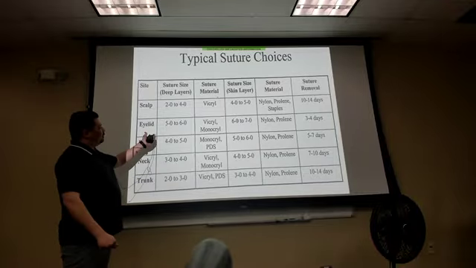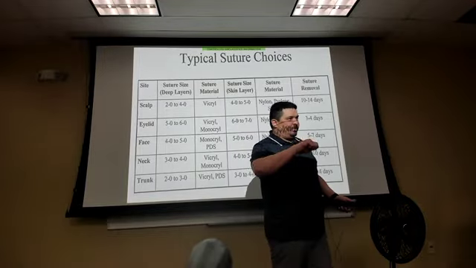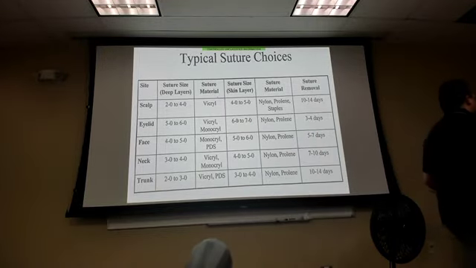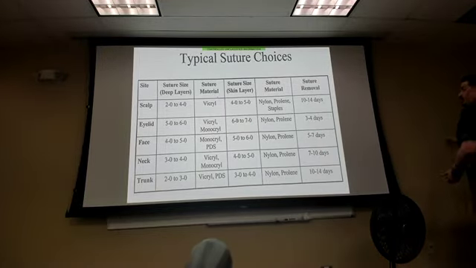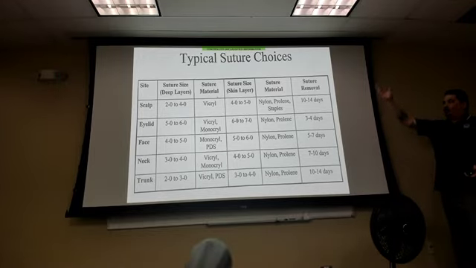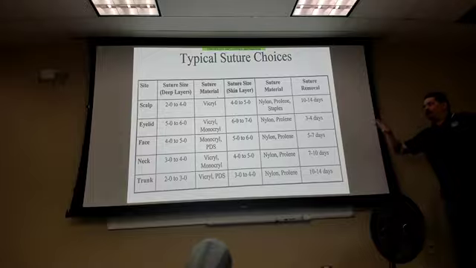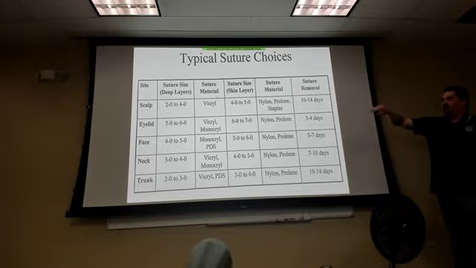If we do deep layers, then we're going to have to do some of the stuff up top, so we would have to use something for the skin layer. Okay? What are we going to use? So let's say that it's on the scalp. Then I can use 2, 3, 4, and it's going to be Vicryl.